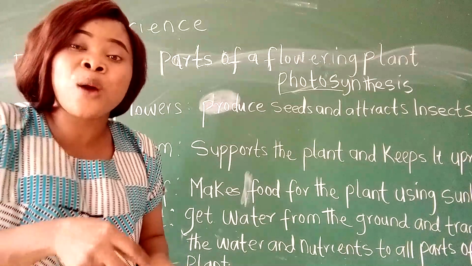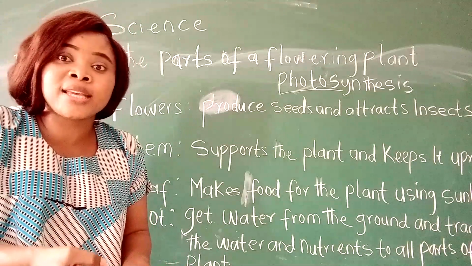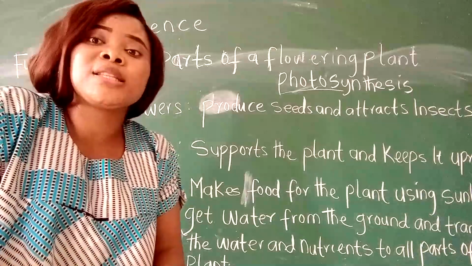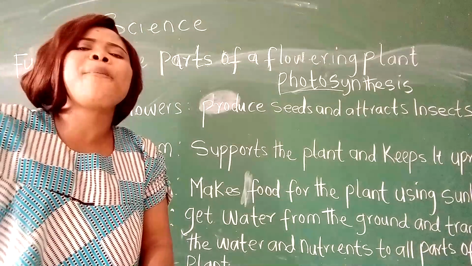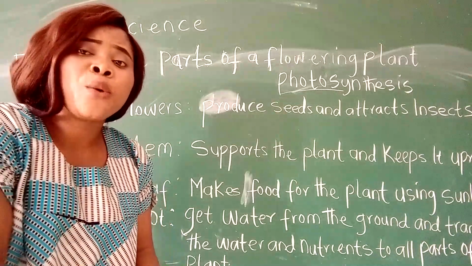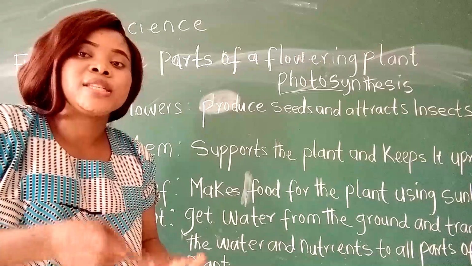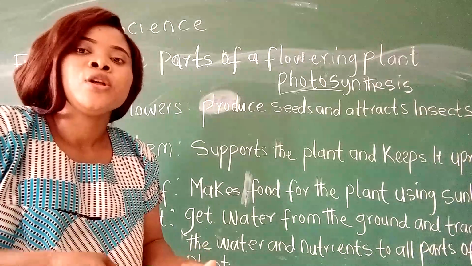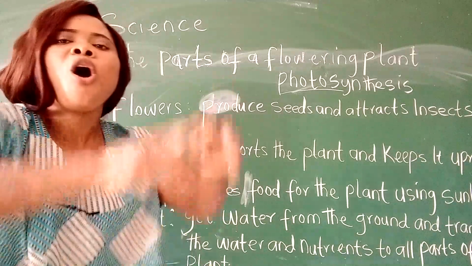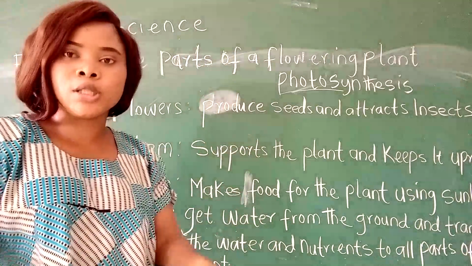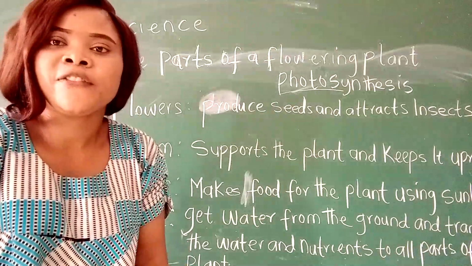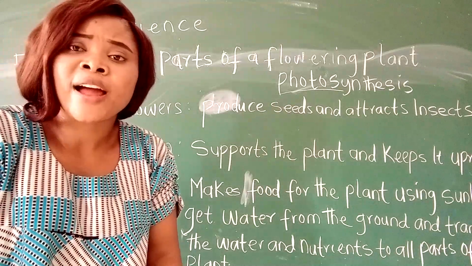There are nutrients inside that water, and it transports it to all parts of the plant. The root will get water from the ground, take it to the stem, to the leaf, then to the flower.